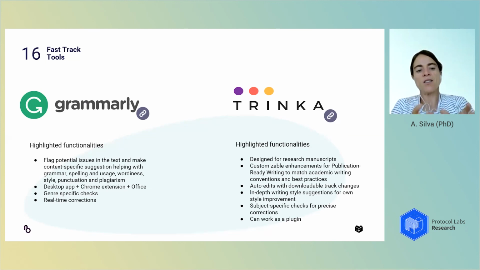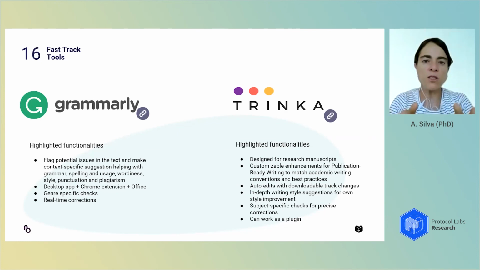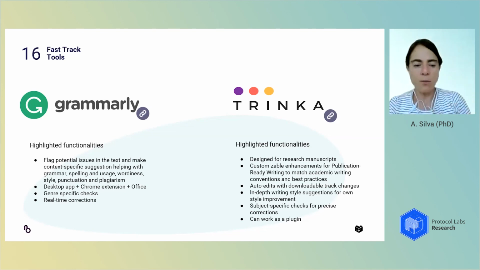So it has genre-specific checks. It tells you, I have a scientific paper in this manuscript, check it under those demands, or under those lenses. Okay, it flags a lot of potential issues.